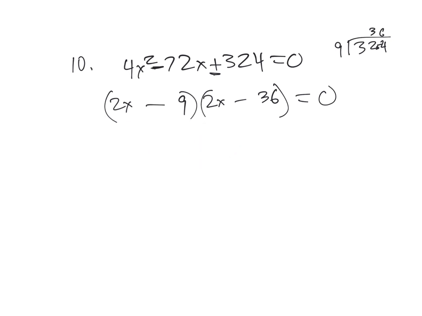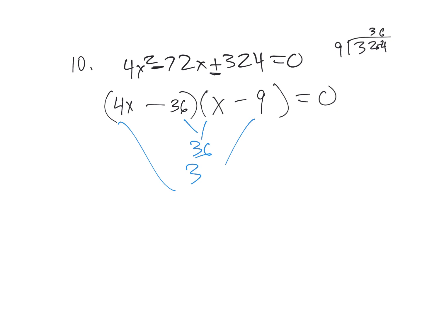For the sake of time, let's go ahead and change that to 4x and 1x, and switch the 36 and the 9. And notice what we get here. 36 and 36, they're both negative. That's 72.